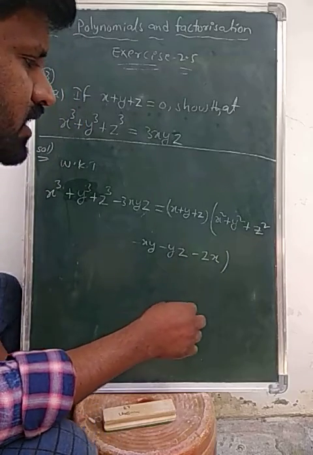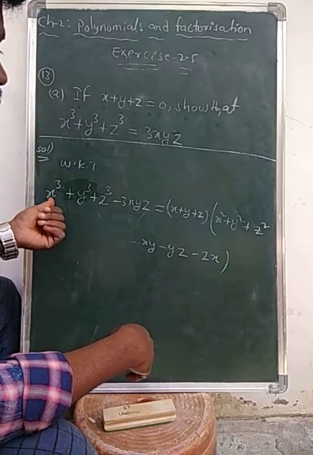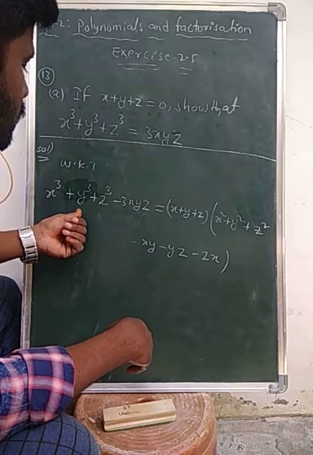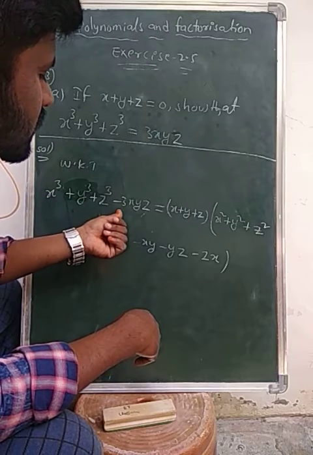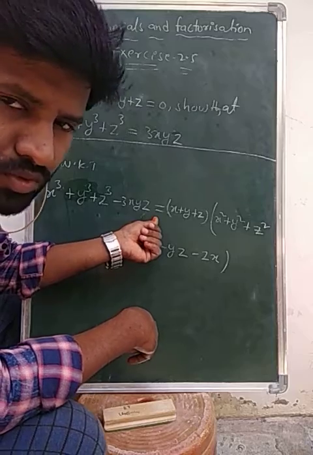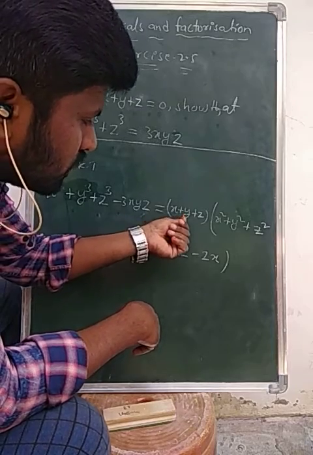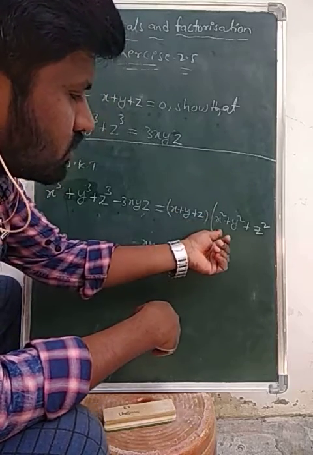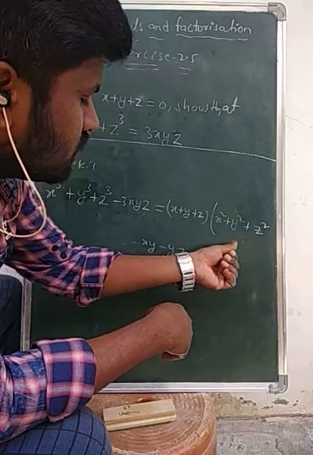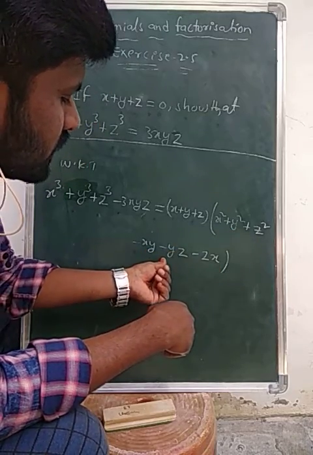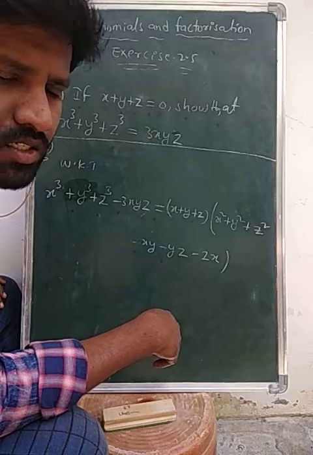What is the identity now? That is x cube plus y cube plus z cube minus 3xyz is equal to x plus y plus z of x square plus y square plus z square minus xy minus yz minus zx.